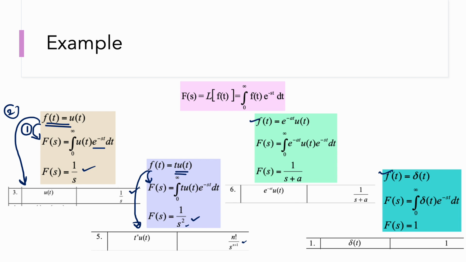So there are two methods you can use to convert from the time domain to the S domain. First, you can use this equation, and the second, you can refer to the table, the Laplace table. Make sure that you are referring to the right table. Yes, it is the Laplace transform table.